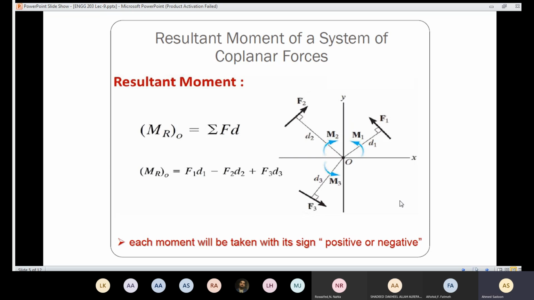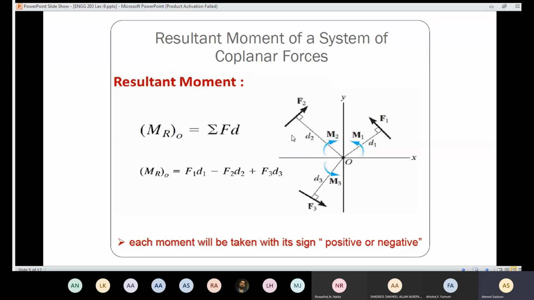We are going to use this sign convention in order to deal with the resultant moment. So in this textbook, we are going to use that sign convention. If the direction of the moment is counterclockwise, we are going to put positive. If the moment is clockwise, it's going to be negative. So in this case, since that moment is going to be counterclockwise, it's going to be positive. So we're going to have F1 D1.